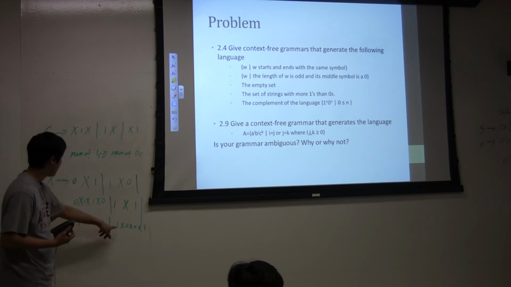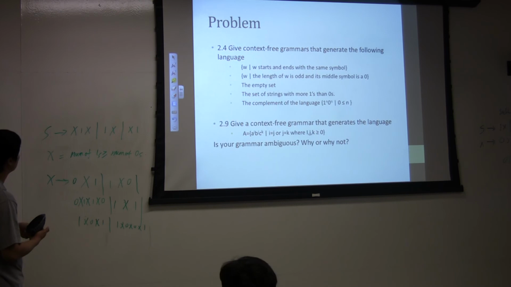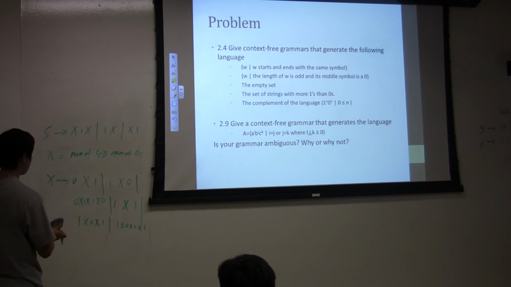We allow 1 zero or 2 zeros. That doesn't look like a nice answer. And epsilon.